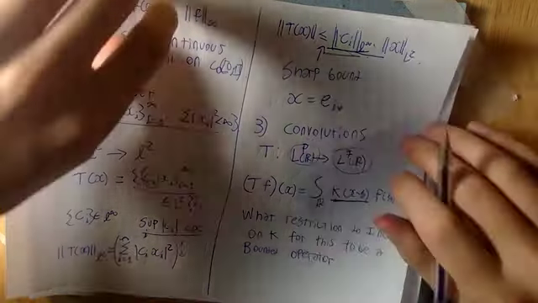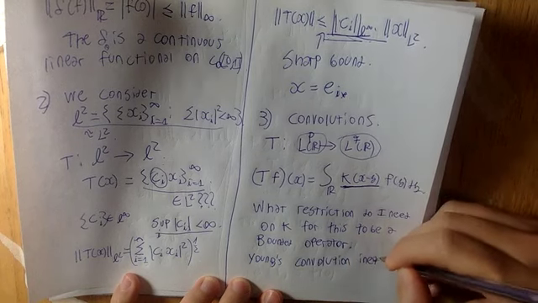What is the idea? This is called Young's convolution inequality.